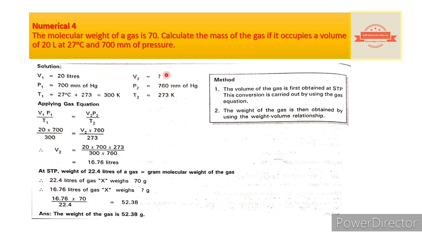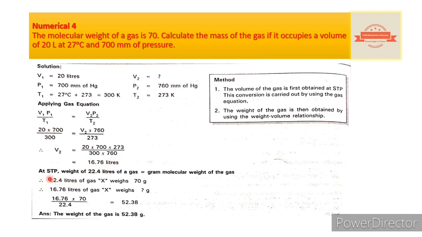V2 is to be calculated. Now applying gas equation, putting all the values, we get the value of V2 as 16.76 liters. This value is at STP.